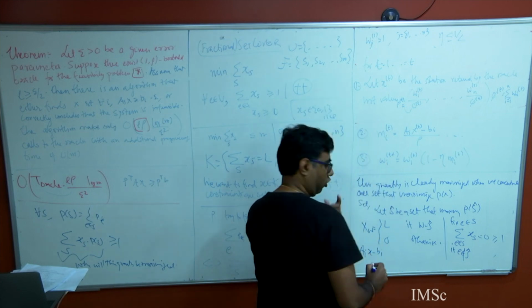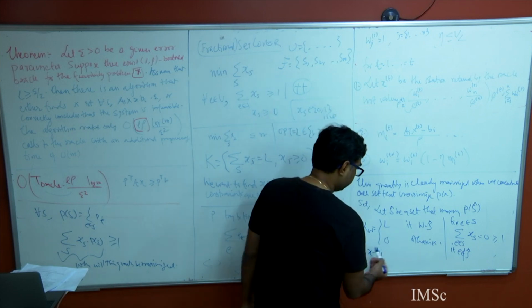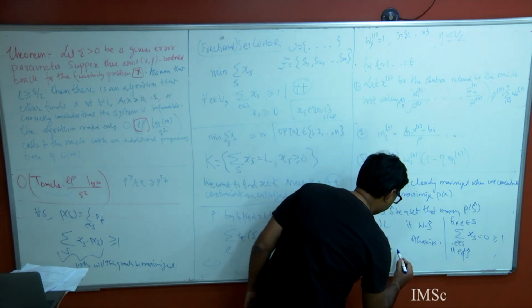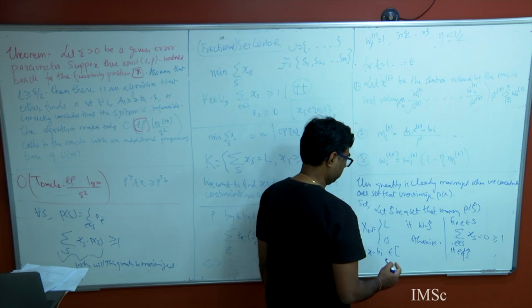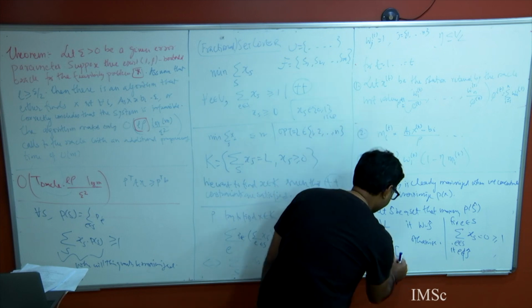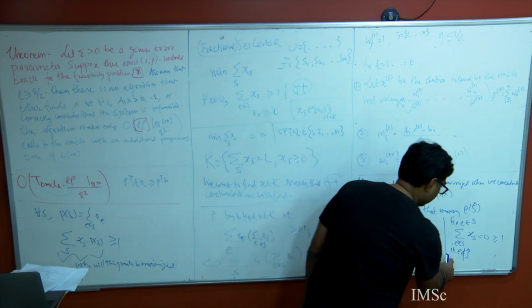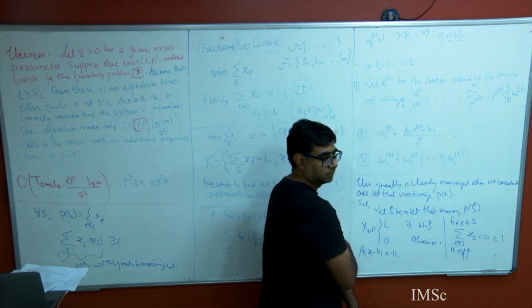We said for all i, A_i x minus b_i should belong to some interval. So if this is the case, then where does this belong? What is A_i x minus 1? If E is not in S hat, then this is actually equal to minus 1.